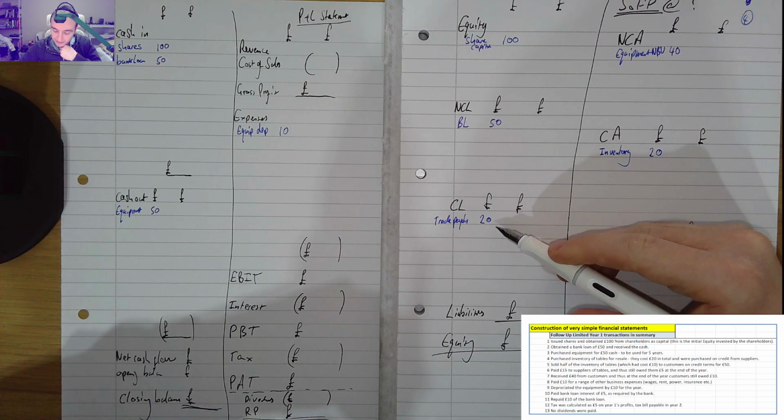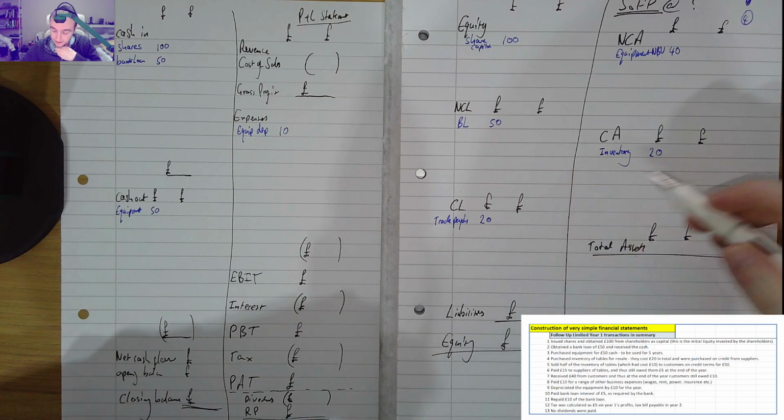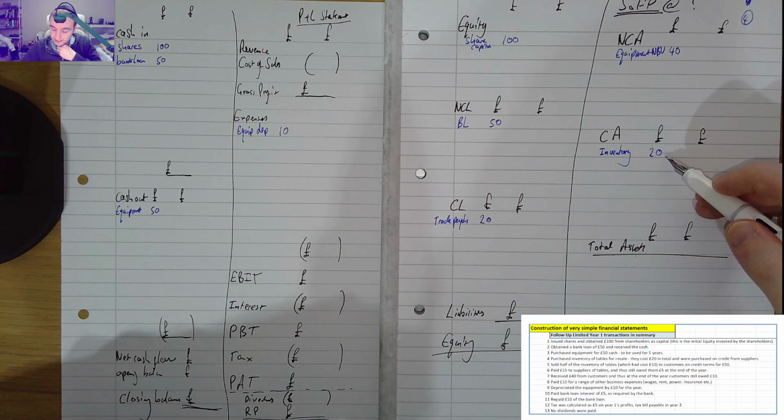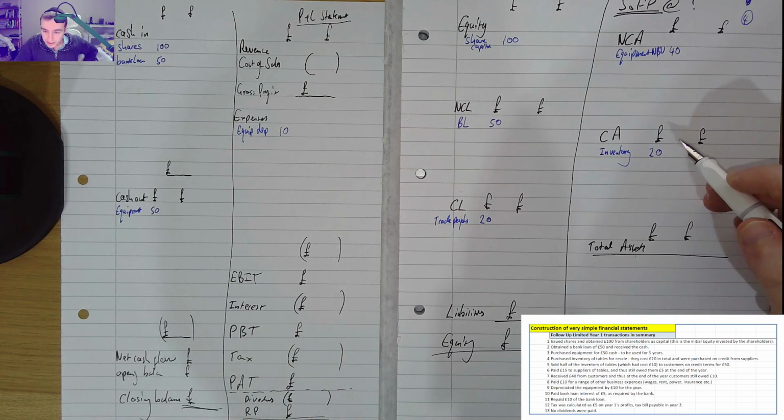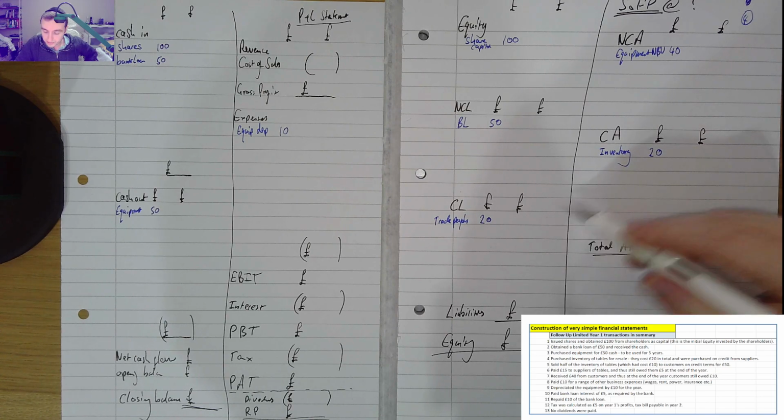Trade payables, remember we haven't paid for it yet, but our inventory is now at £20. Is that correct? I think it is. Okay. Purchase inventory of tables for resale. They cost £20 in total and were purchased on credit from suppliers.